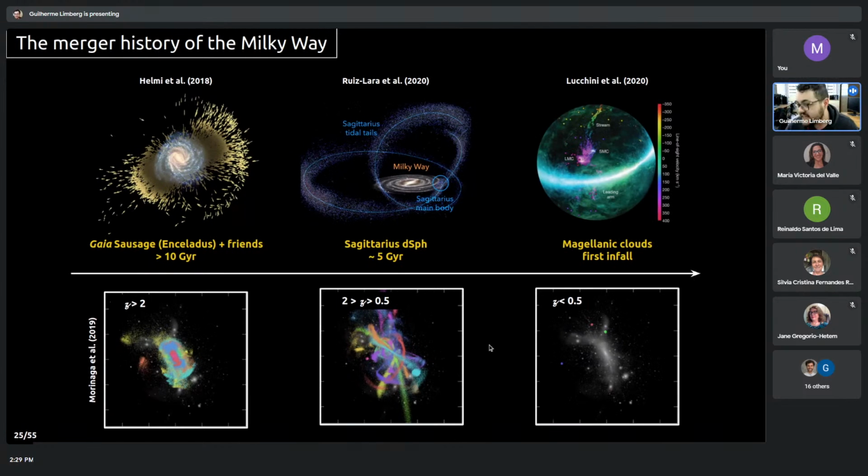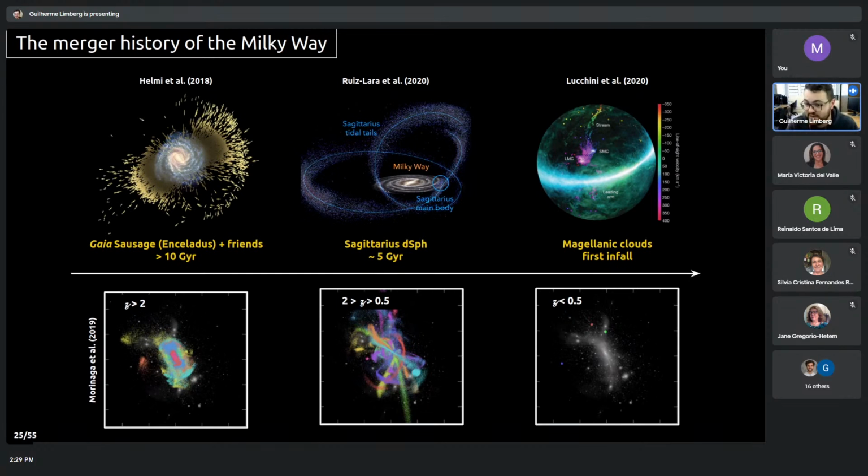And the last important accretion event that is currently happening in the Milky Way is the infall of both Magellanic Clouds, the Small and the Large Magellanic Clouds. And they are still seen as very spatially coherent, as demonstrated by the colored dots in the simulation.